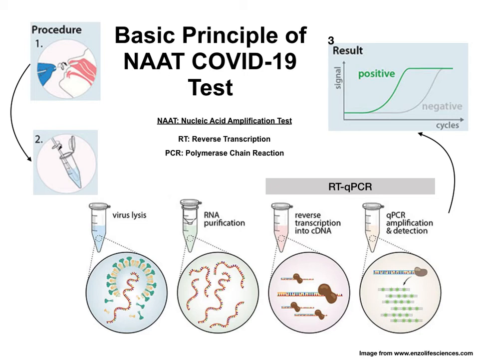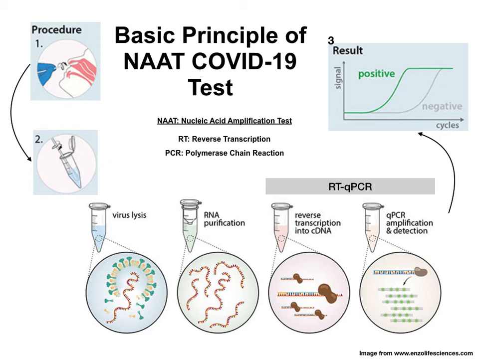So what's the basic principle of this COVID-19 test that we have always been talking about? The first procedure is that someone takes a swab through your nose to get samples. The next step is to take it to the lab, where they lyse the virus. They use some reagents to lyse the outer circle of the virus.